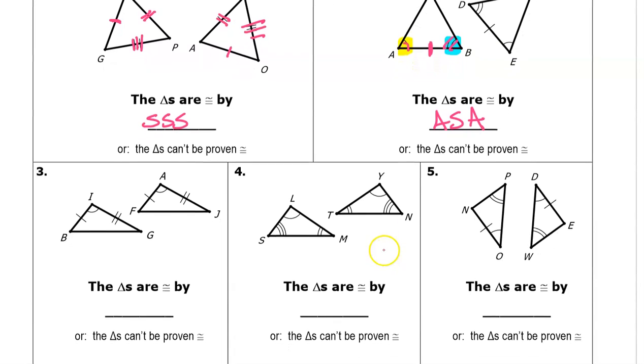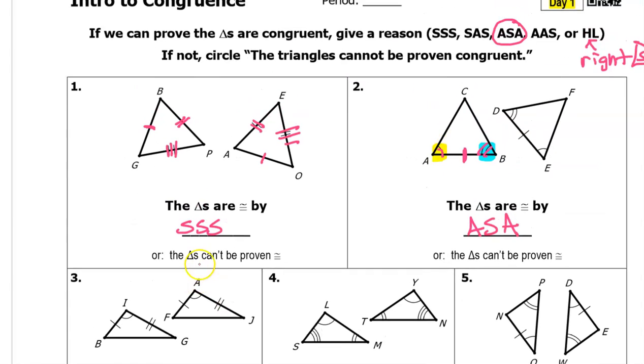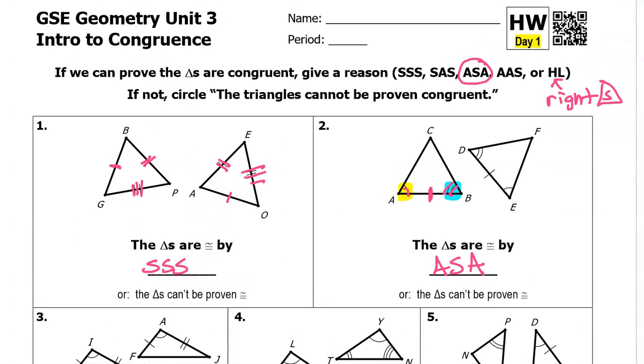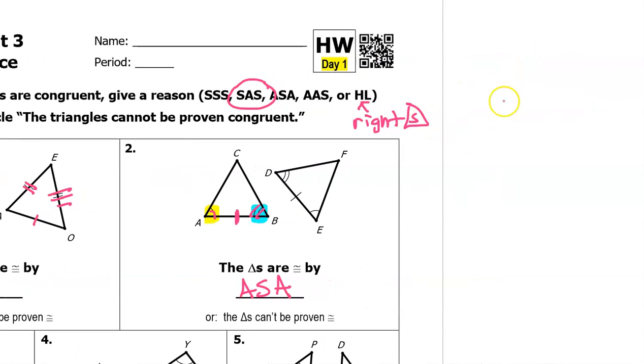All right, looking at problem number 3. So I see here that we have 2 sides and an angle. So of the choices that we have here, the only one that involves 2 sides and an angle is this one right here. So this is our first guess. However, it is possible to have 2 sides, hold on, let me draw that better.